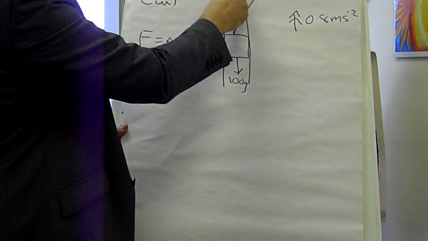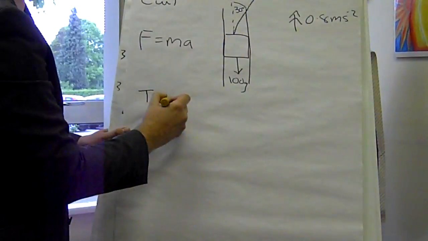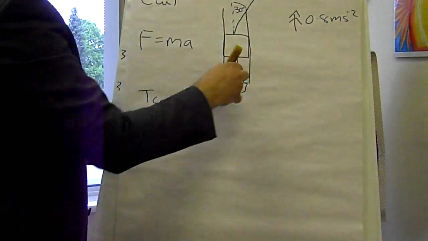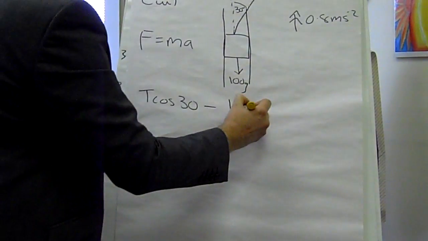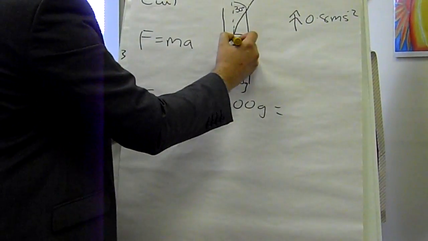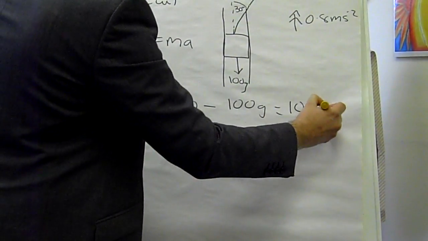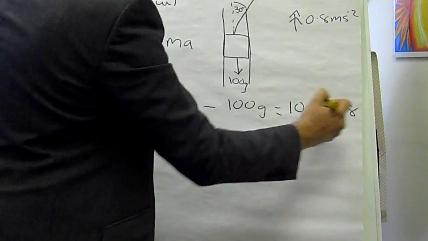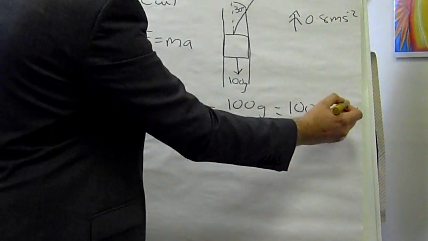So upwards, we have T cos 30 minus the downwards force, which is 100 G, and that equals m, which is 100, times a, which is 0.8. So F equals ma.